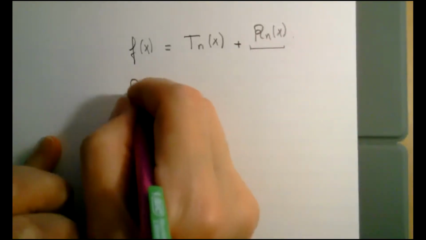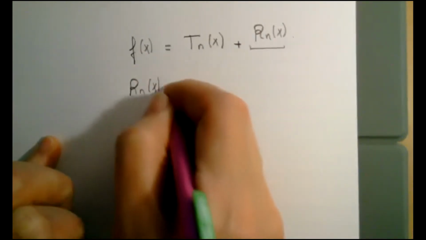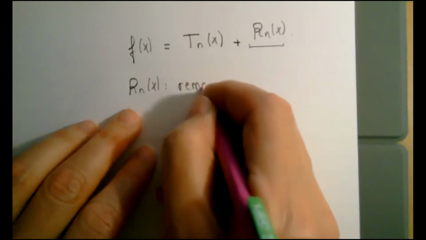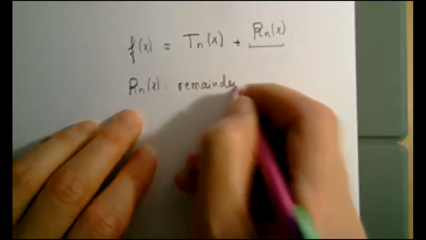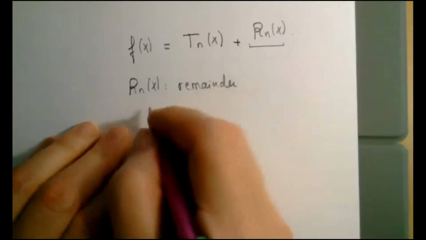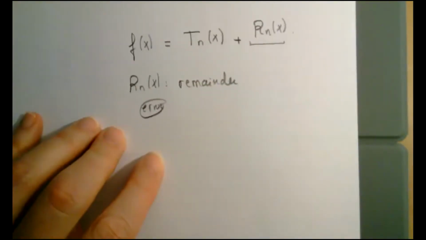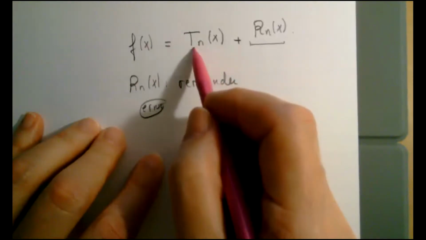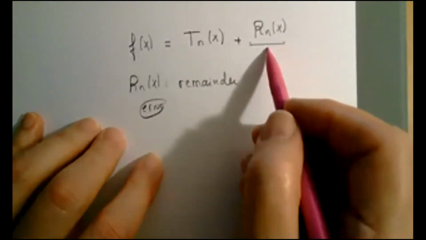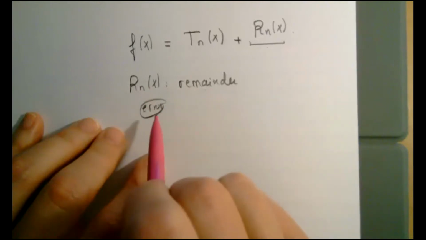Rn means the remainder, which is intuitively the error that we make when we approximate. Whenever we are approximating by Tn, there is a little bit left over. This leftover is called the remainder.